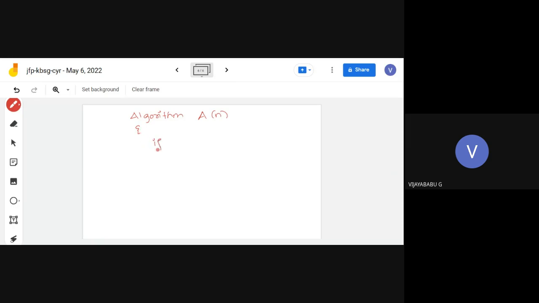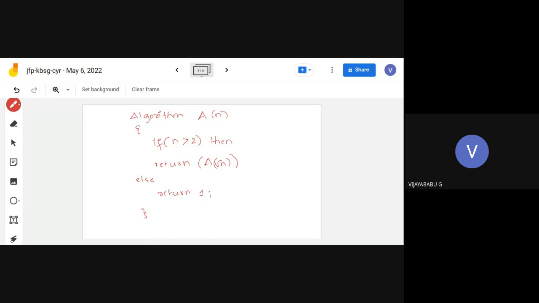Here the condition is if n greater than 2, then return A of square root of n, else return 1.